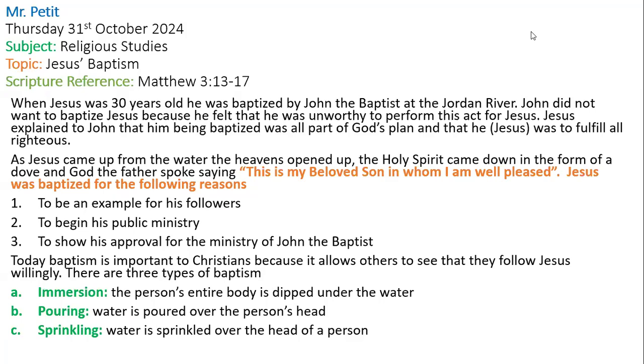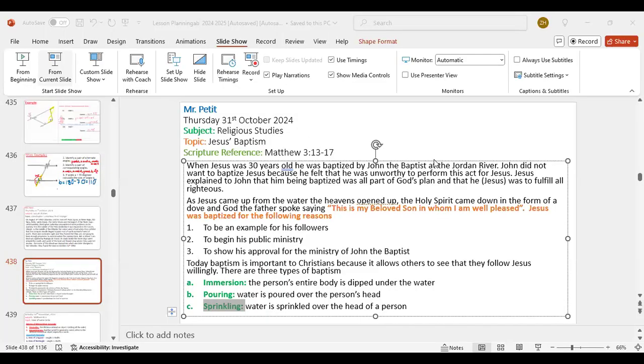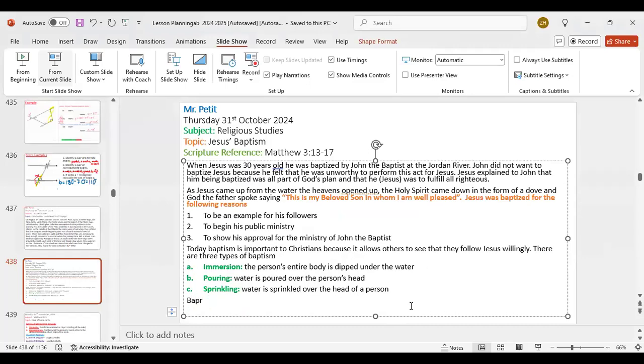Okay, so question time. Did I define baptism? Oh, I did not. We need to define it. Baptism is a Christian ritual that involves water. Baptism is defined as a Christian ritual involving water that is an outward expression of an inward change.